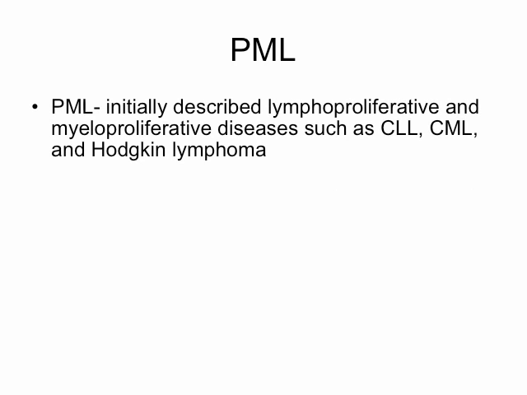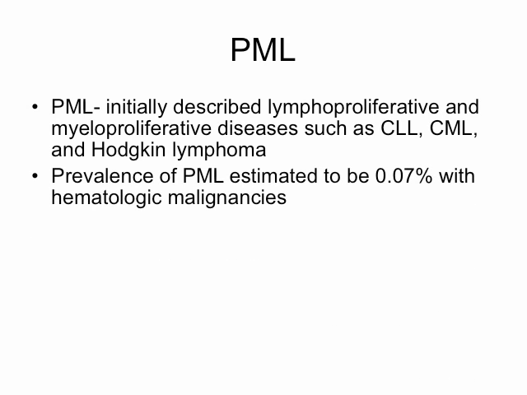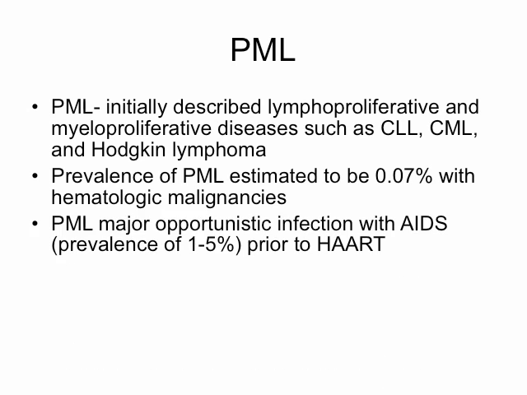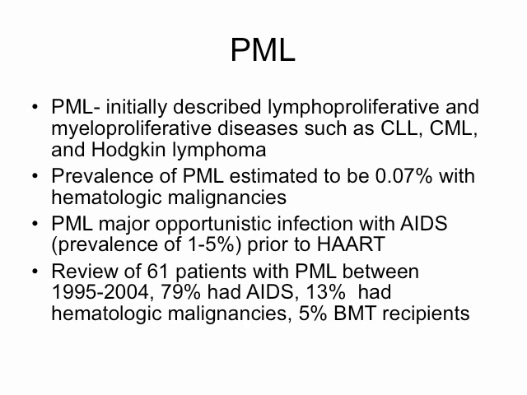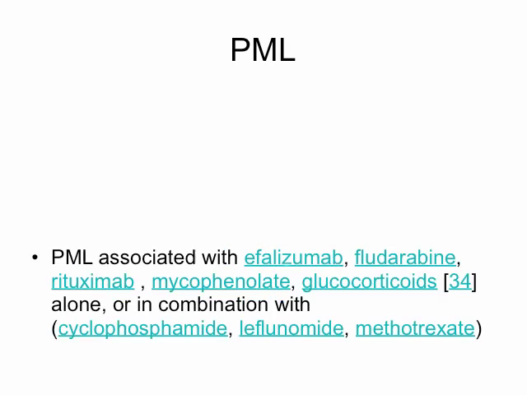Now, it was mostly described initially in those lymphomas and lymphoproliferative disorders. The prevalence is quite low, but it's quite severe. And with HIV, it probably got a lot more play in the literature. And most of the older reviews have mostly AIDS patients and then bone marrow and heme malignancies dominating.